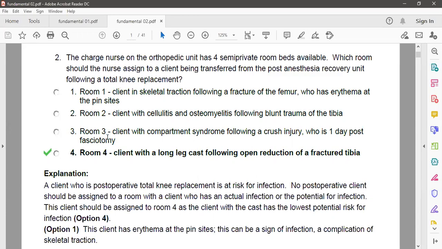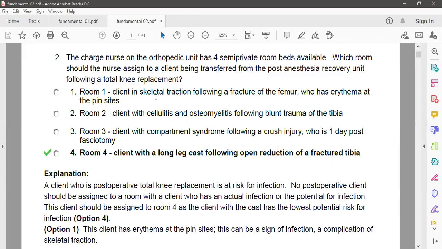Like number 3, compartment syndrome basically means increased pressure in the muscle compartment, causing muscle and nerve damage along with pain. So it is also inflammation, right?